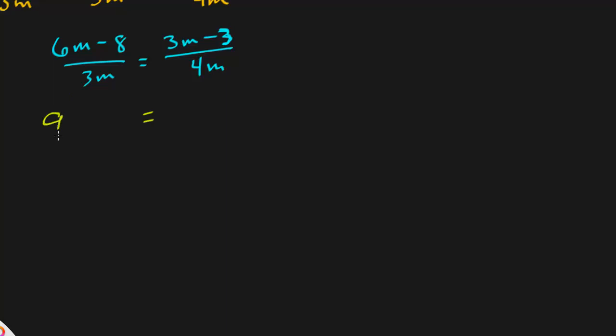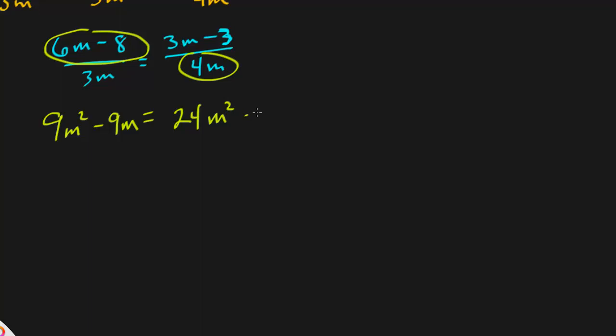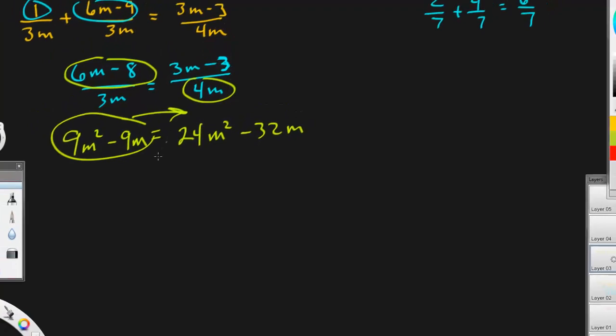So this would be 9m squared minus 9m. Okay, that's this times this. And now 6m minus 8 times 4m, that would be 24m squared minus 32m. Okay, probably going to do the same thing as I did on the other one. I'm going to take these and put them over here.